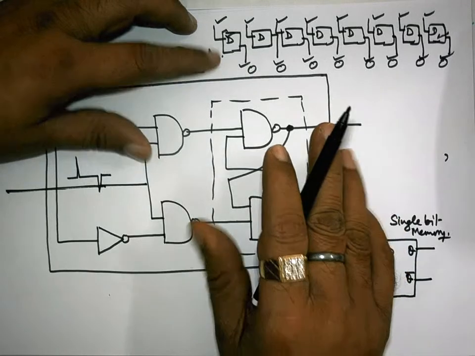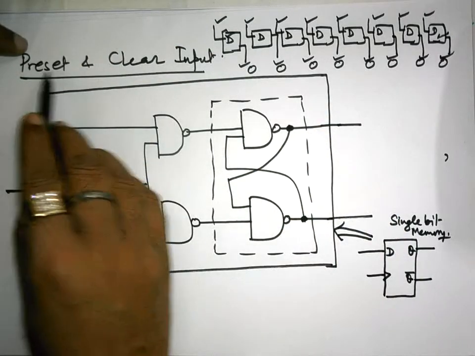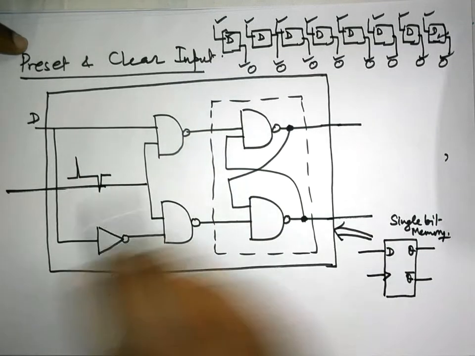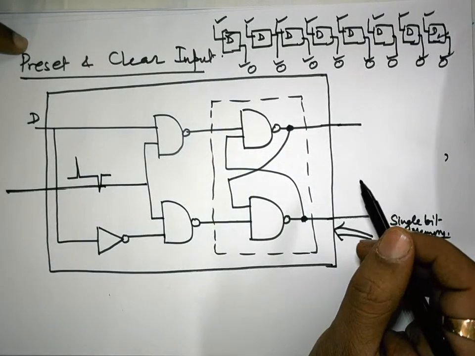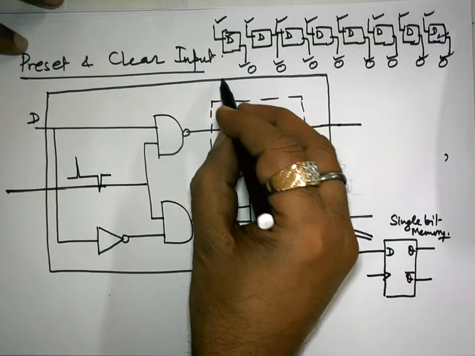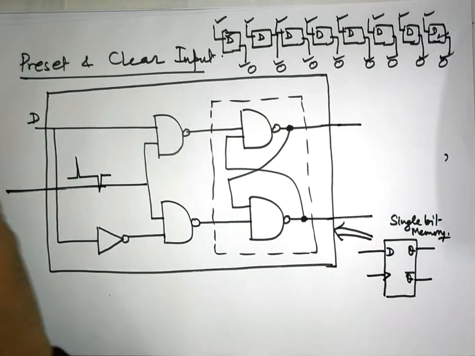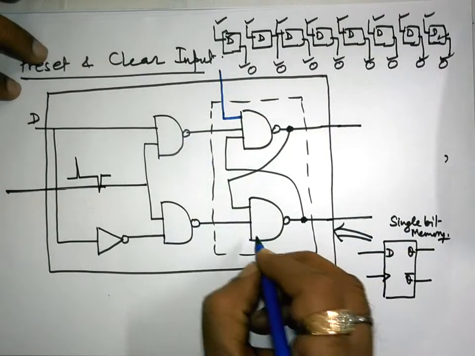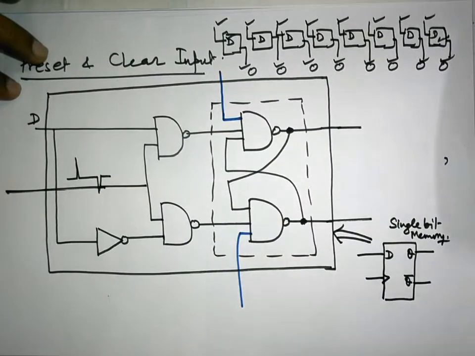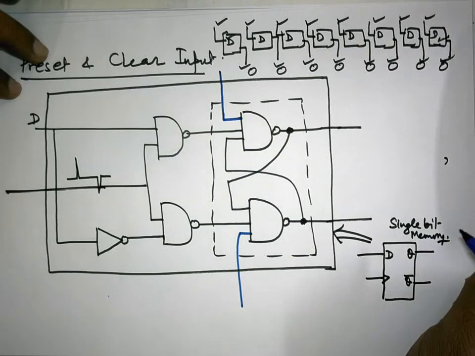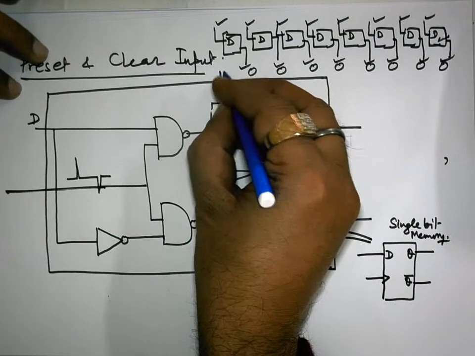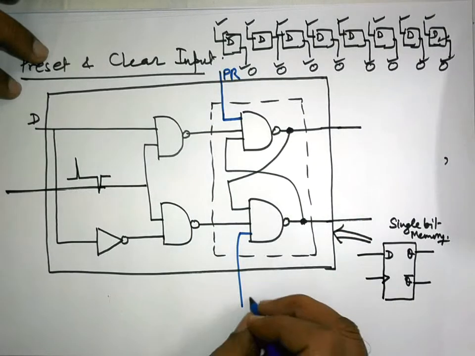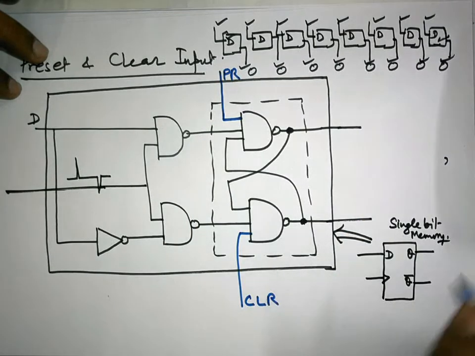Okay. This is wisely done by inserting another input in this flip-flop. How can it be done? This is done by inserting another, fresh input. Suppose I am inserting an input over here and an input over here. Okay. This input is known as preset and this input is known as clear.